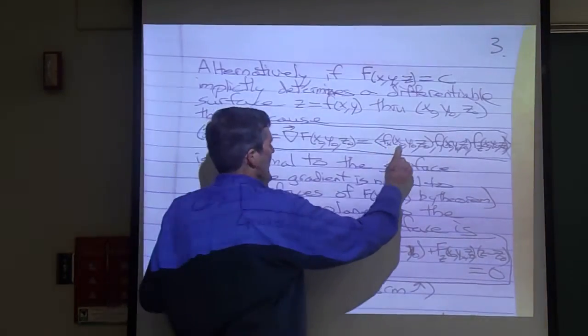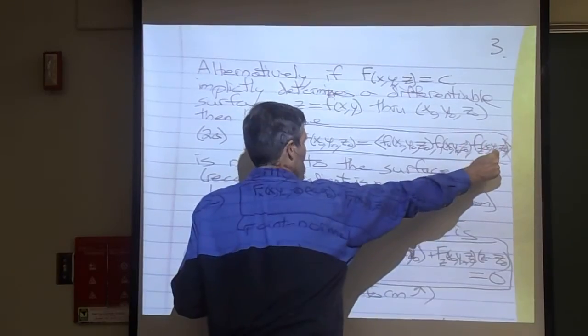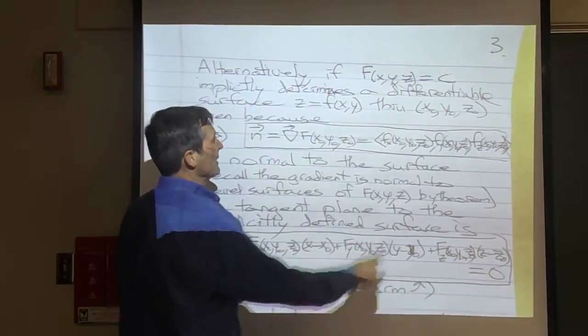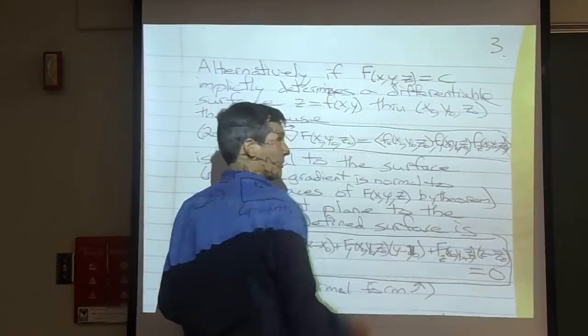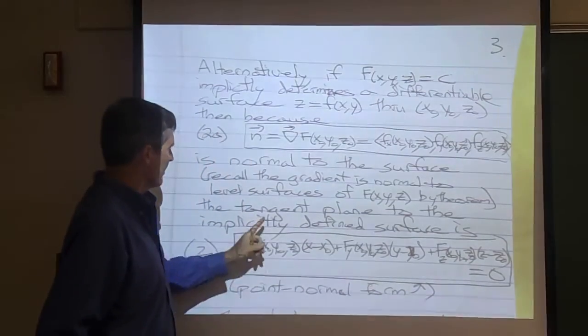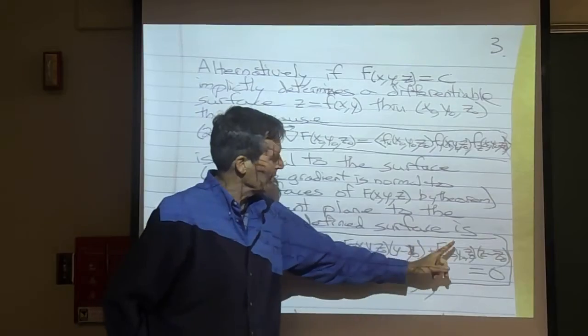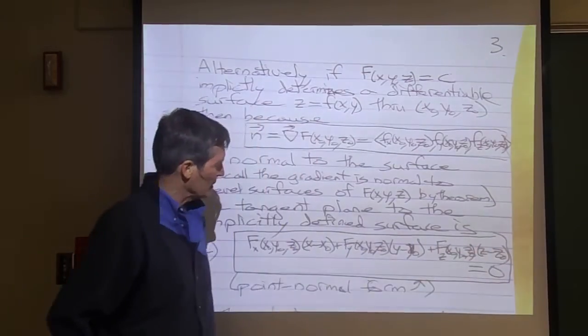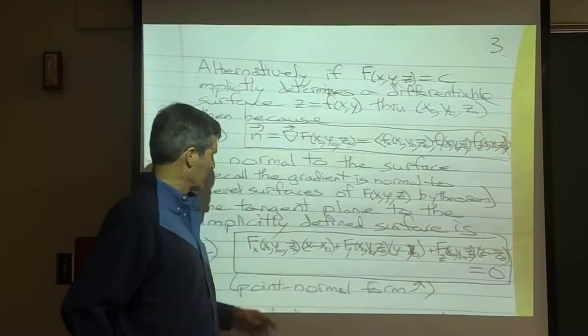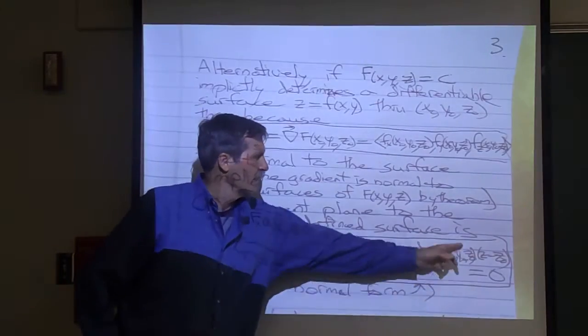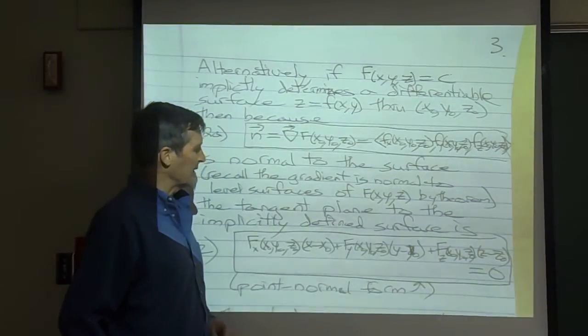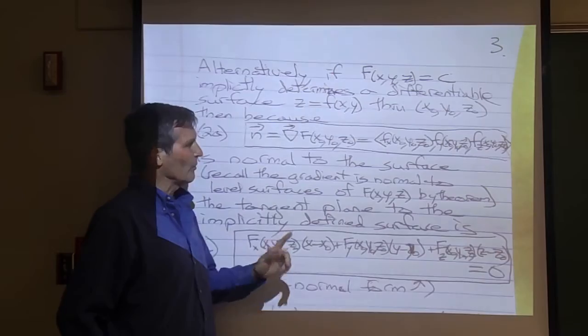If this is the normal vector, a, b, c, and we go through the point, x0, y0, z0, remember the point normal form? It was a times x minus x0 plus b times y minus y0 plus c times z minus z0. Let's just put this a, b, and c for an equation with normal a, b, c and point x0, y0, z0.